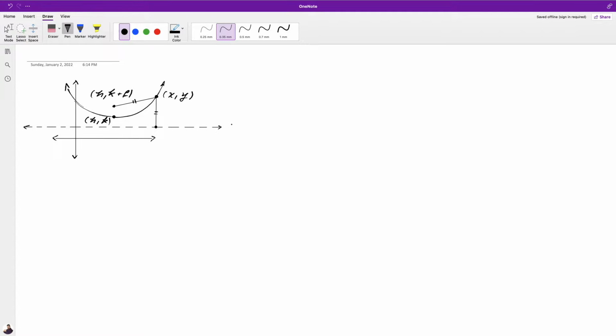This directrix line is then going to have to be y equals k minus f. The reason is because this distance is going to have to be equidistant to this distance so that the definition of the parabola is satisfied.